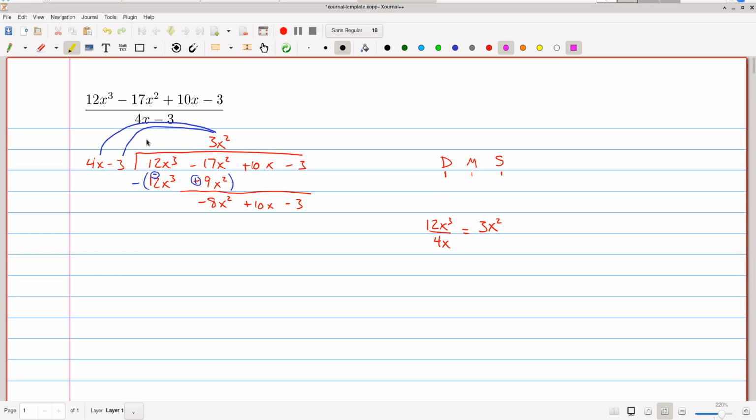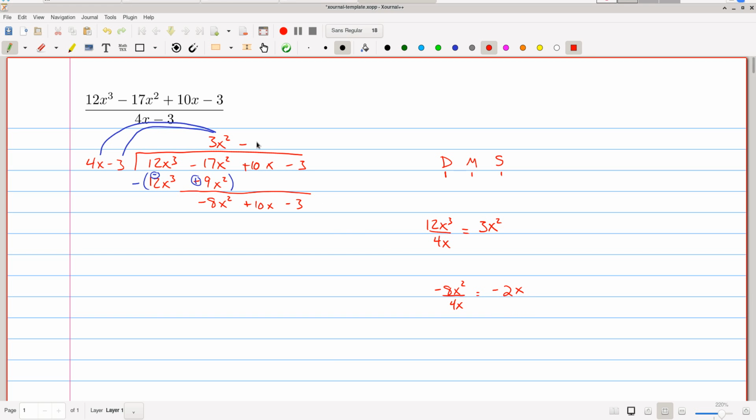So to do that, we take the leading term divided by the leading term. So we take negative 8x squared and divide it by 4x. Negative 8 divided by 4 is negative 2. One of the x's will cancel, so we're left with negative 2x.